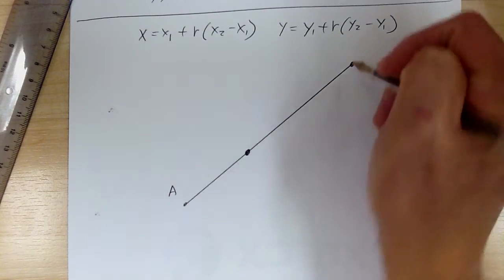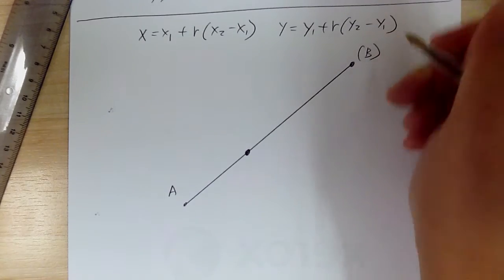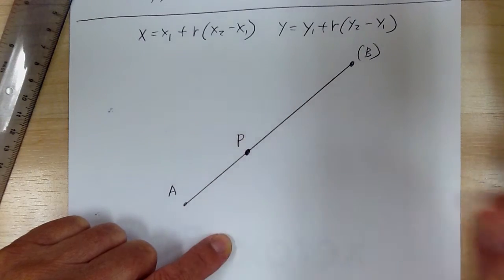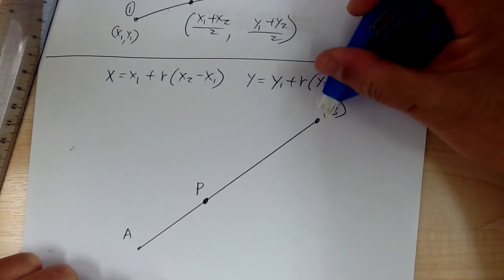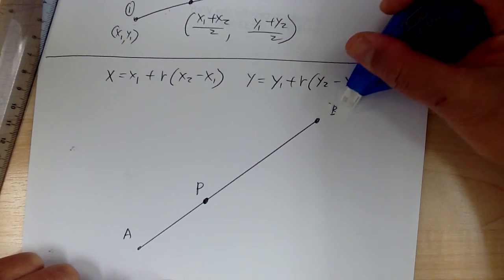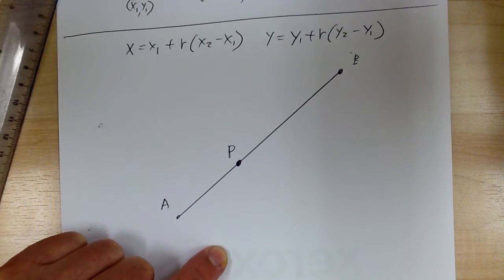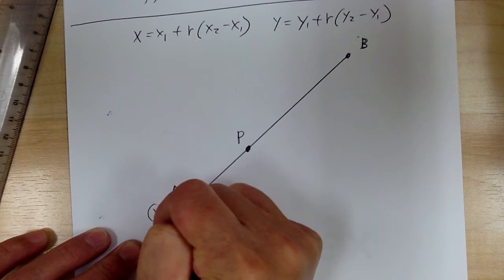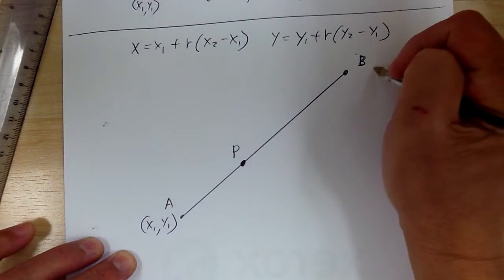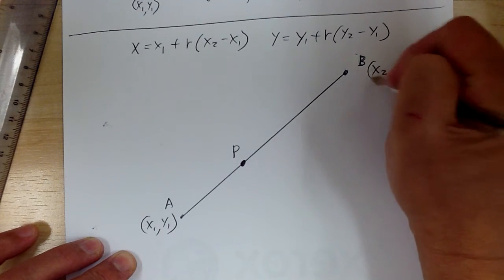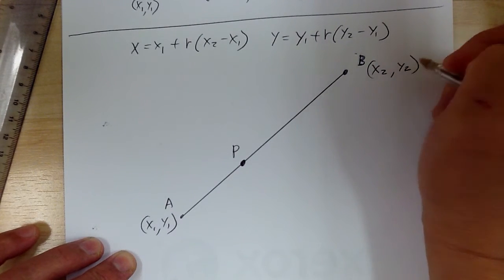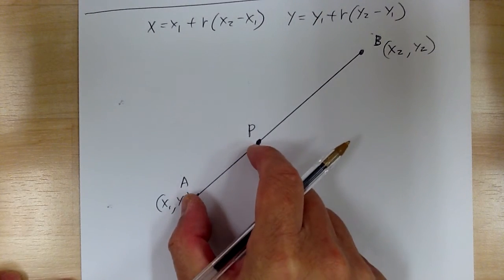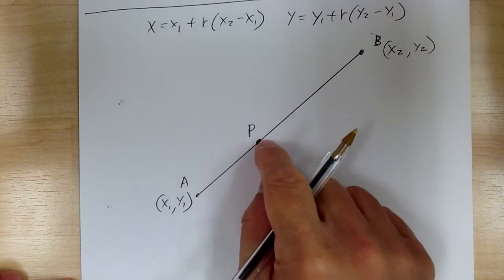Let's call this A, call this B, and call this P. So this point is x1, y1, and that's your x2, y2. Let's say you want to find a point P that is 1/3 of the whole thing. So that means r equals 1/3.